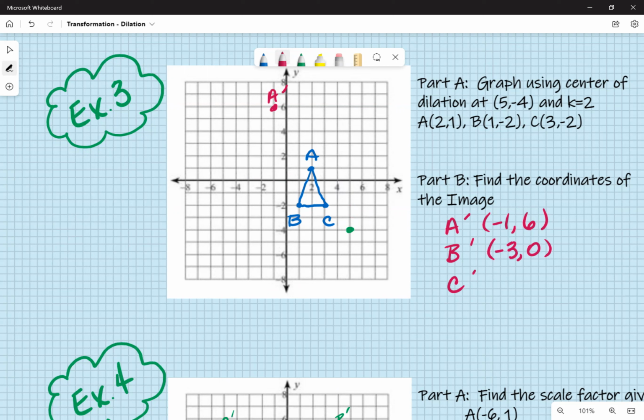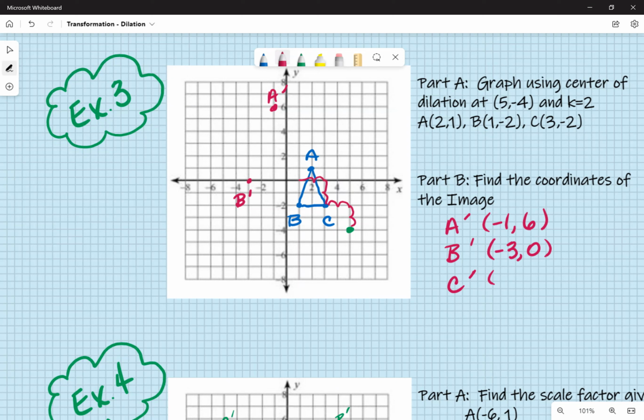And now I want to see, what did I have to do? And that's B prime. What did I have to do to get to C? That's going to give me C prime once I actually apply the scale factor of 2. So I had to go up 1, 2, and over 1, 2, 1, 2, 1, 2.